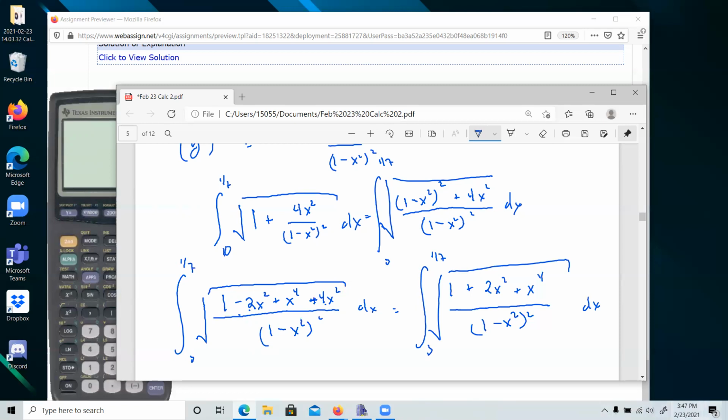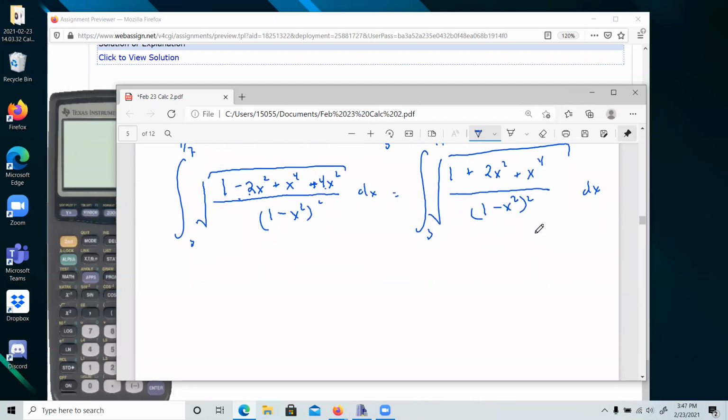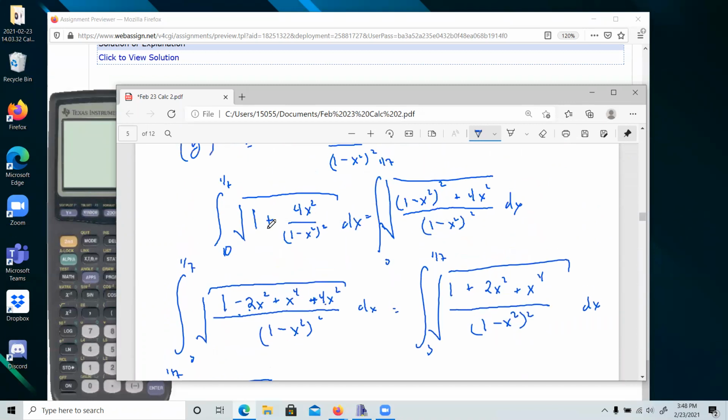By the way, I love this little trick. The calculus book that I had did this to us all the time. You could factor this. Right? This is 1 plus x squared, squared over 1 minus x squared, squared, inside of a square root, inside of an integral, 0 to 1/7 dx. How do I know x is greater than 0? Because it told me.